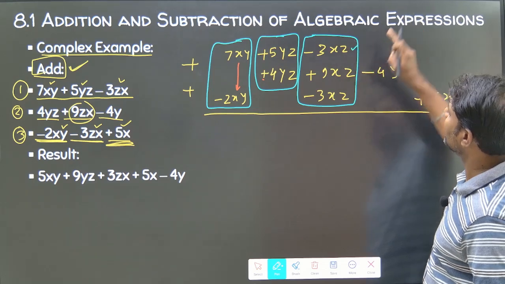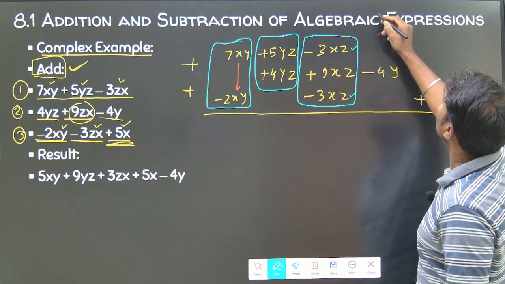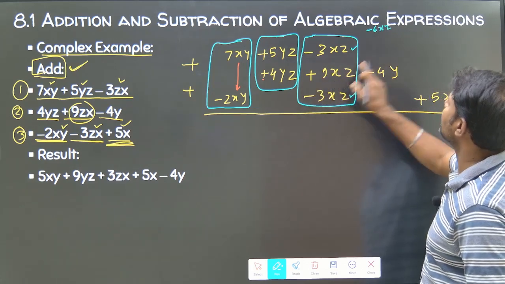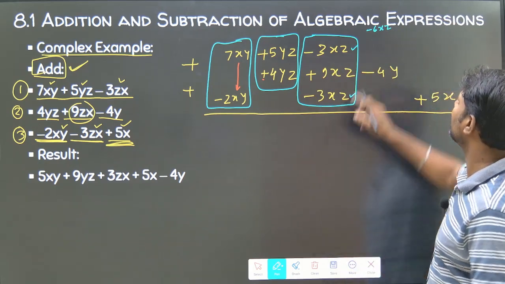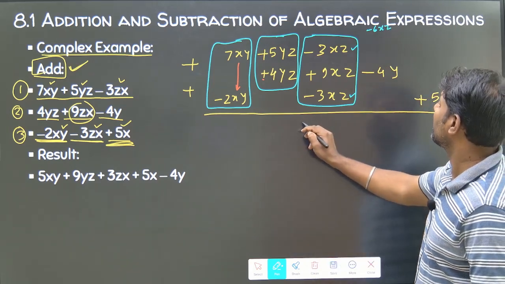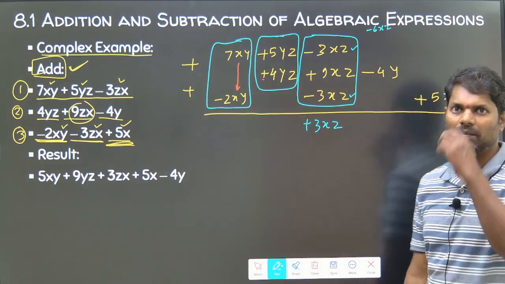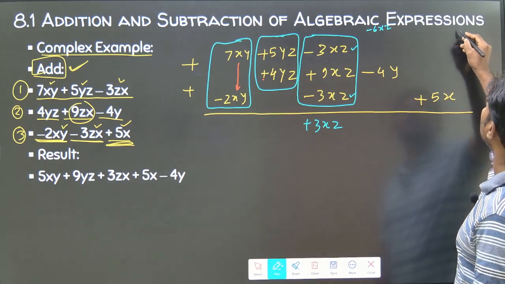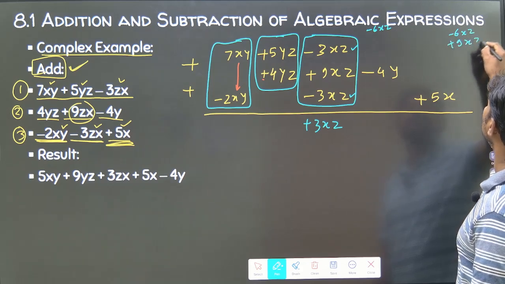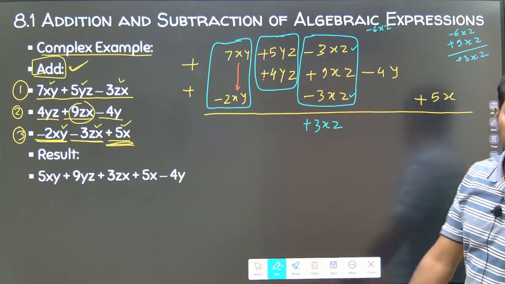Minus 3xz minus 3xz, that is minus 6xz. Plus 9xz. From 9xz subtract this 6xz, remaining is plus 3xz. Okay. So, you can perform the addition separately here. So that is what we have written.